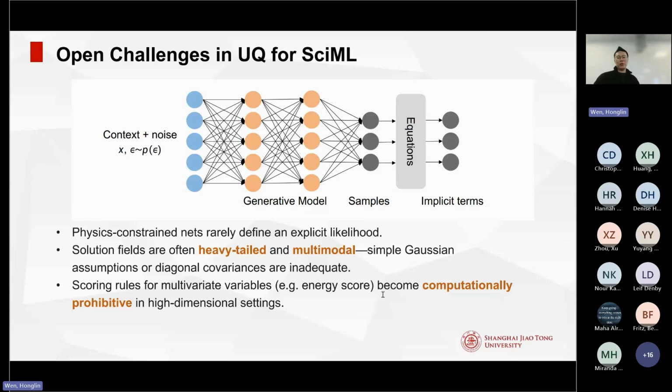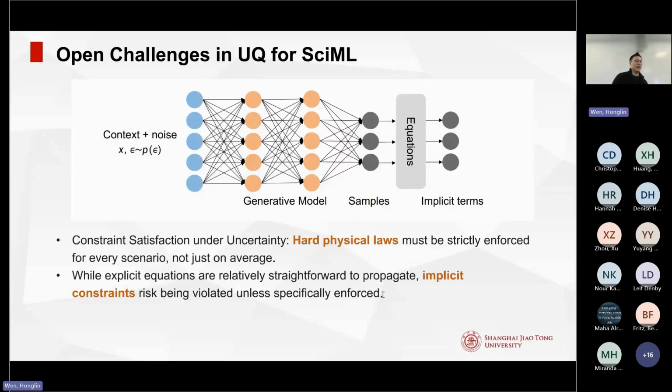The second is that in the probabilistic space, we need to ensure the physical laws in every scenario, right? The uncertainty view is not magic. Just like when we calculate the solution map, we must ensure the physical law in each scenario.